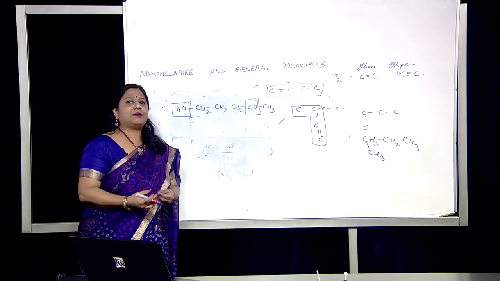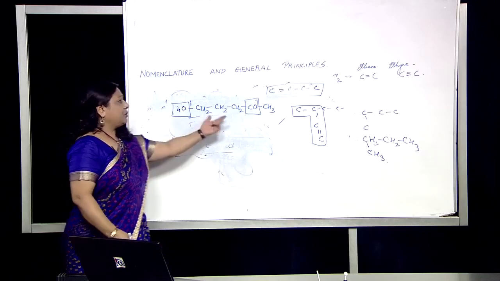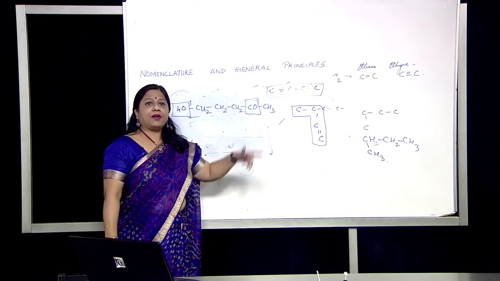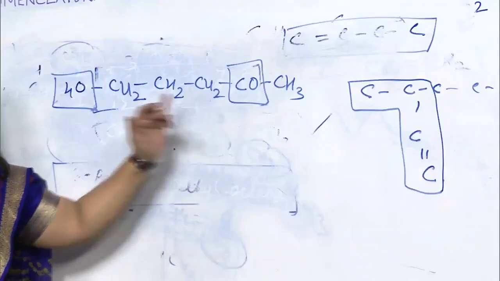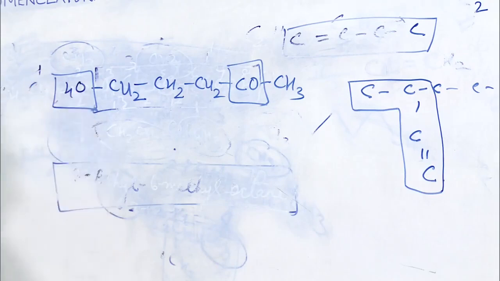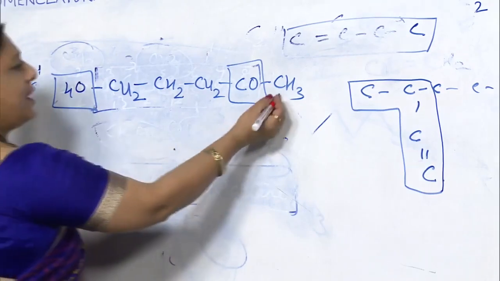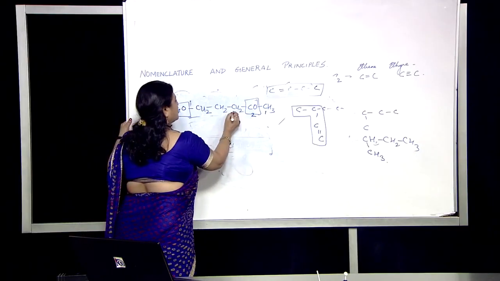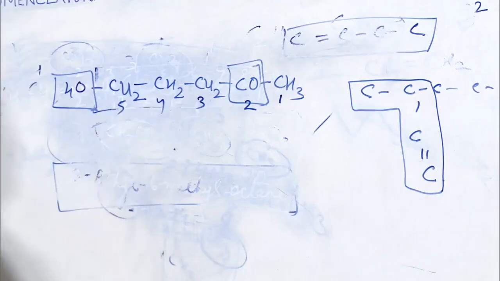How can we name the organic compound when there are two functional groups? We need to check the priority order. In priority order, ketones come first, then the OH group. So, you will take OH as a substituent, and the lowest number will be given to the priority functional group. So, 1, 2, 3, 4, 5.